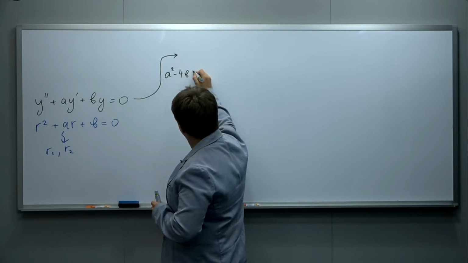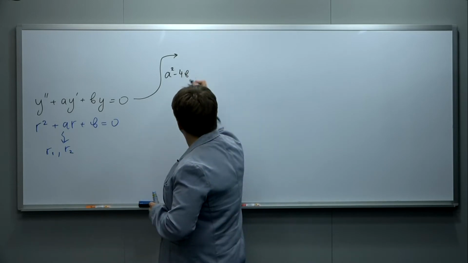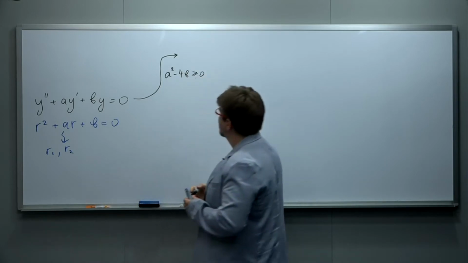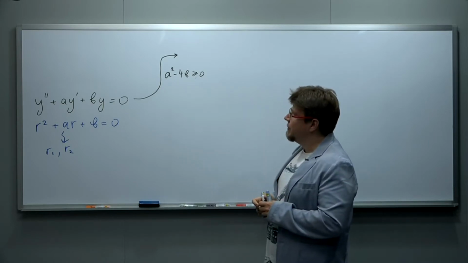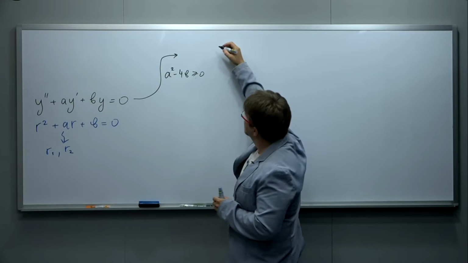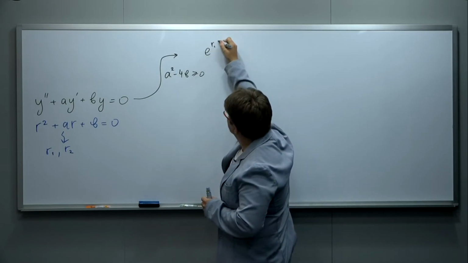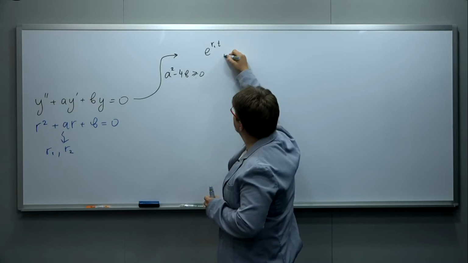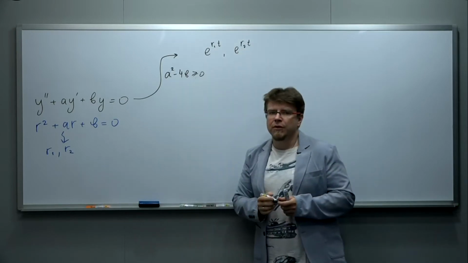If it is non-negative, then the roots are real, and in this case the solution is going to have e to the r1t and e to the r2t, where r1 and r2 are the roots.